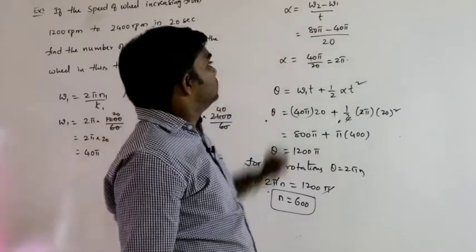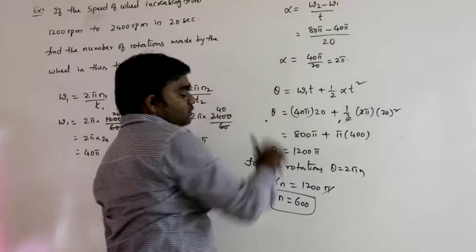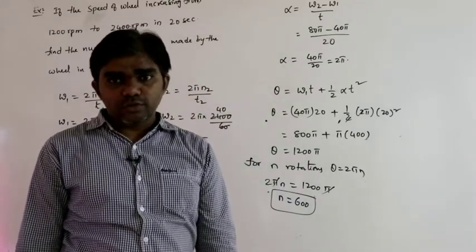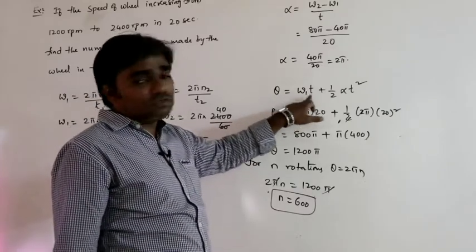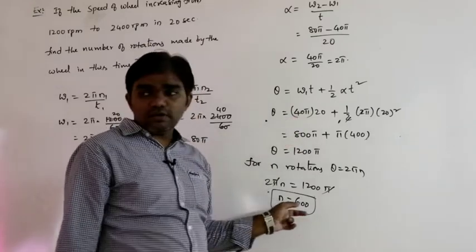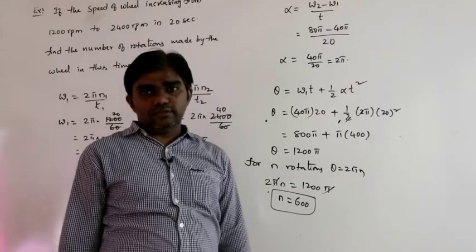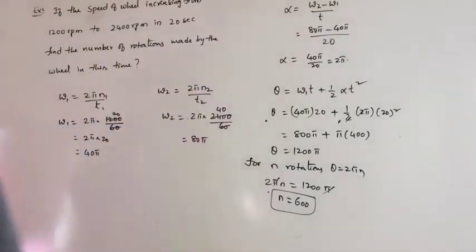Next, according to the second equation of motion, S equals ut plus half at square, but in circular motion this can be written as theta equals omega 1 t plus half alpha t square. Based on that, the number of rotations is n equals 600. So this is the way to do the problem. Next.